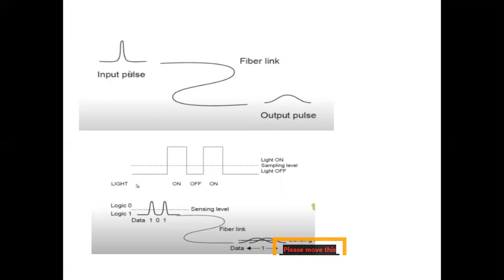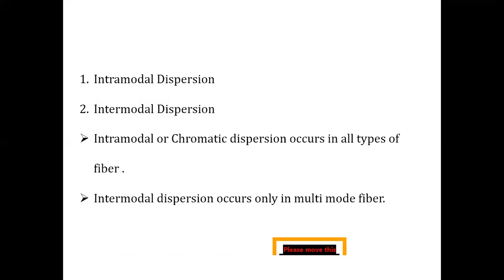Such an occurrence is called dispersion. What is the effect of dispersion? The spreading of an optical pulse limits the information carrying capacity of the fiber. That means your fiber optics will not transmit the data as required. So we are going to see how to overcome this dispersion.